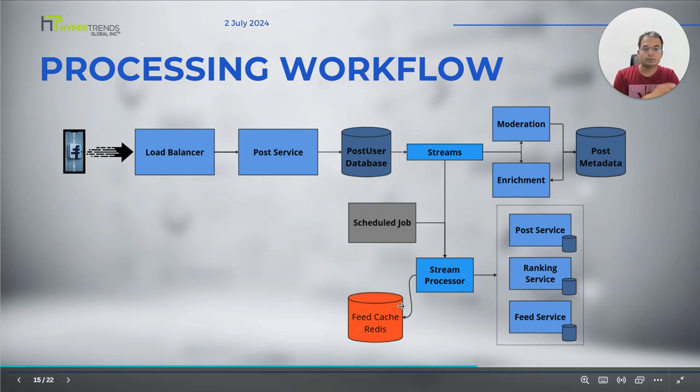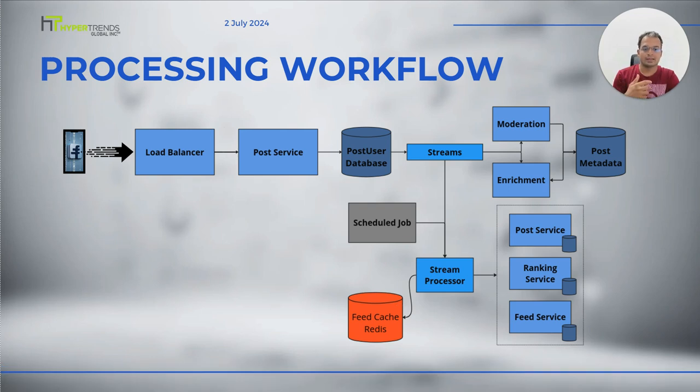And again, if we need to do it at schedule time, let's say the requirement is that the user posts the data, but the consumer can have that data after 1 hour. Then you can schedule a job of 1 hour, or maybe less than 1 hour.